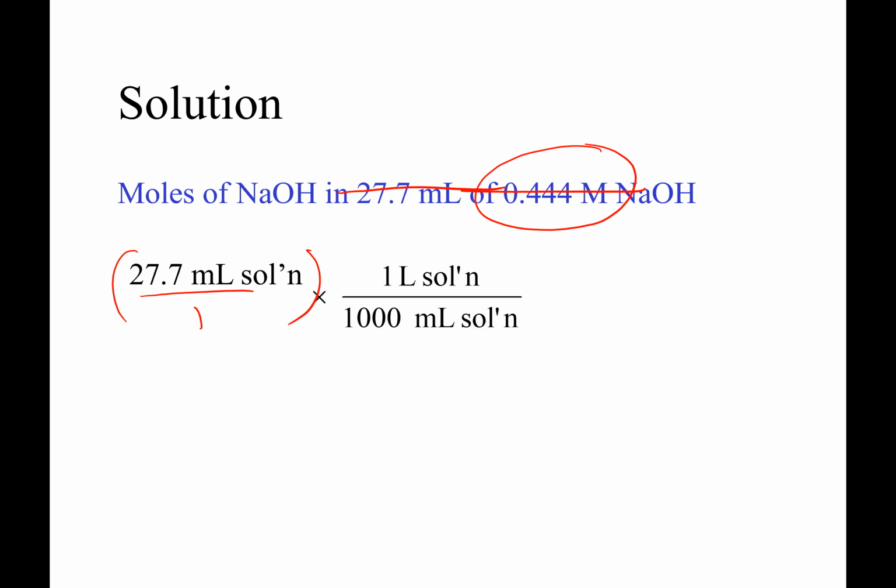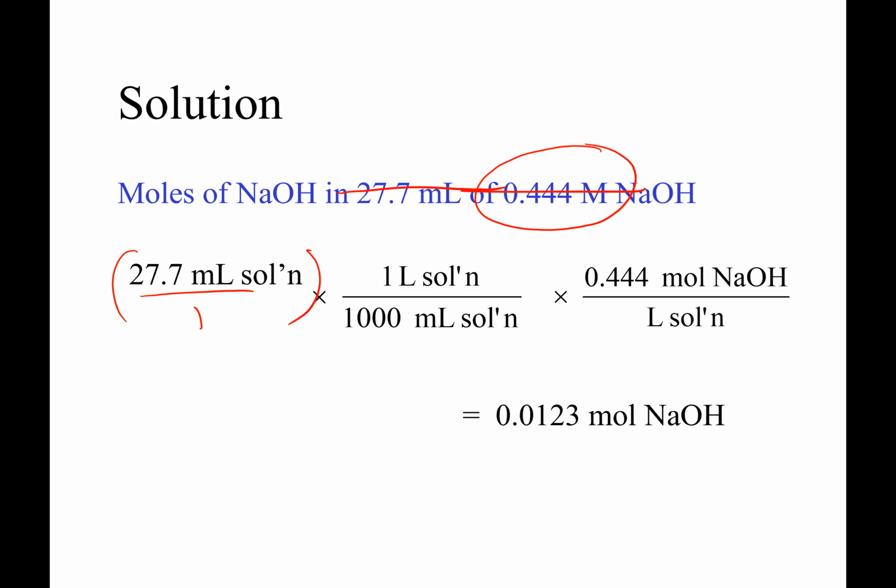So it would be 0.444 over 1 liter? Yep, 0.444 moles of NaOH over 1 liter. Perfect. Now my liters cancel. And Benny, how many sig figs? 3. So you're looking at 0.0123 moles of NaOH. That was step 1.